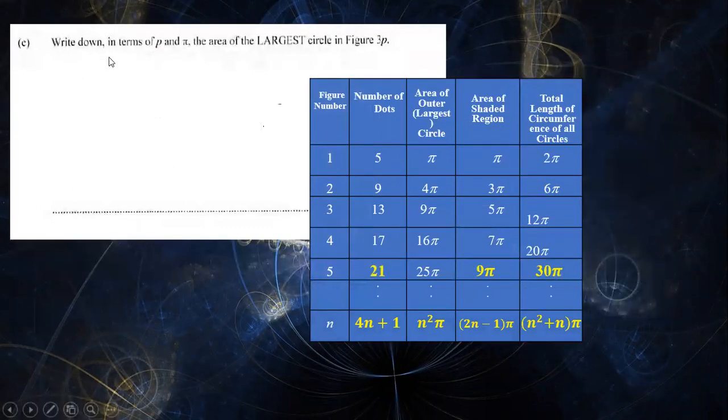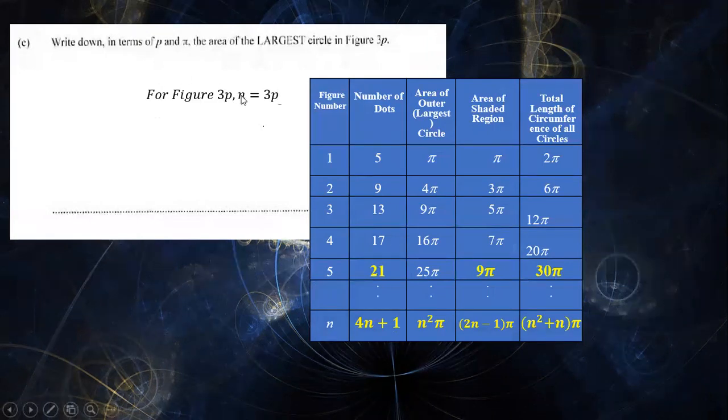So it says here, write down in terms of p and pi the area of the largest circle in figure 3p. What is the area of the largest circle in figure 3p? Well, in figure n, the area of the circle is going to be n squared pi. So therefore, for the largest circle in figure 3p, which we don't know, we're going to replace n with 3p.